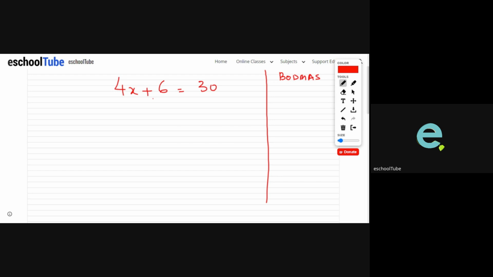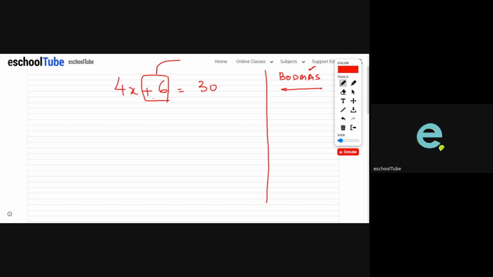You are undoing it because you have to find the value of x. So you have to go from right to left. So first comes addition. Now you have to remove this addition first. So how will you remove it? You do the inverse of addition.